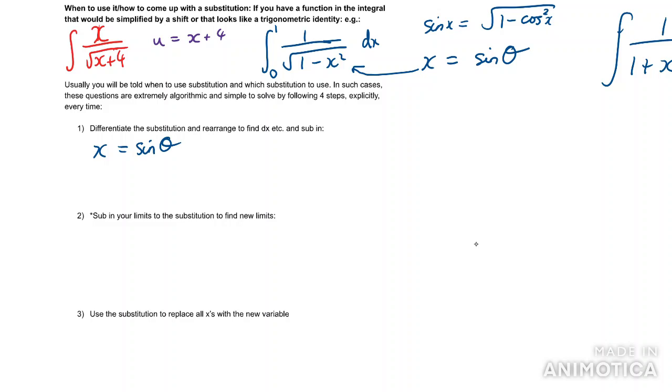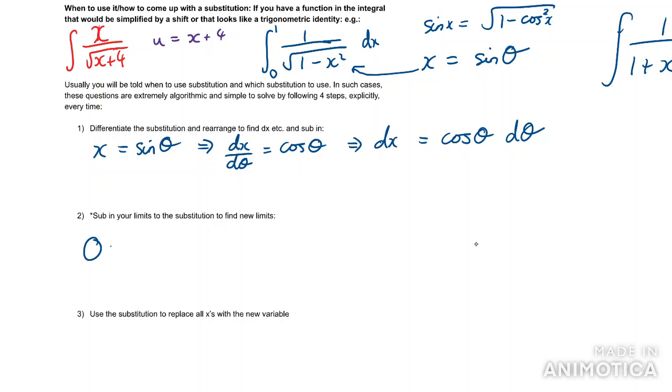What do we need to do first? We need to find dx. So what we need to do is differentiate the substitution and get dx d theta equals cos theta. And so dx, which we're trying to get rid of, is just going to be cos theta d theta. Okay. Now, if we have limits, we need to sub those into the substitution to find the new limits. So the lower limit is when x equals 0.